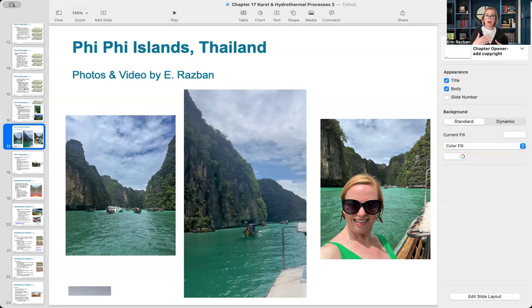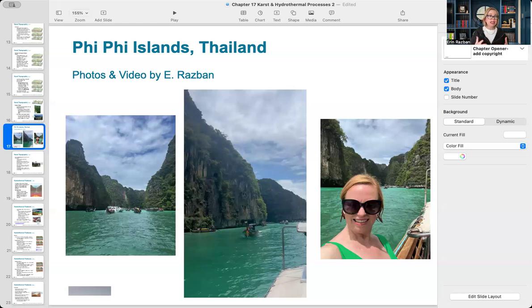So we did stop here, but the larger boat is not able to enter into these smaller finger-like channels, okay? So we got onto a smaller dinghy that took us deep into the channels, and we got to see these beautiful cliffs. Additionally, the water there is emerald green, and we were able to go swim in this magical area.